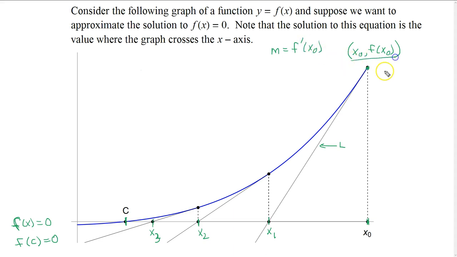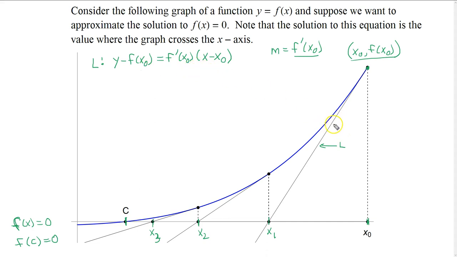So here is a point the line passes through, and here is its slope. So the equation for L is going to be, there's our equation for L. This is the slope m right here, and this is a point. The point the line passes through is x0, f of x0. So this is your point slope form for the equation of a line.